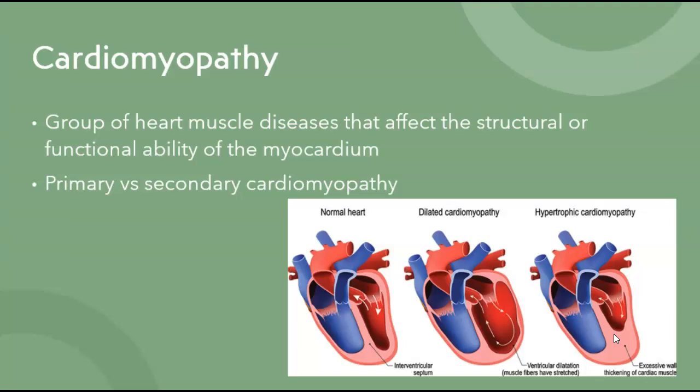This causes hypertension. That increases the needs of oxygen in the myocardium, and there's not that much of a supply, so that can lead to a heart attack or ischemic cardiomyopathy.